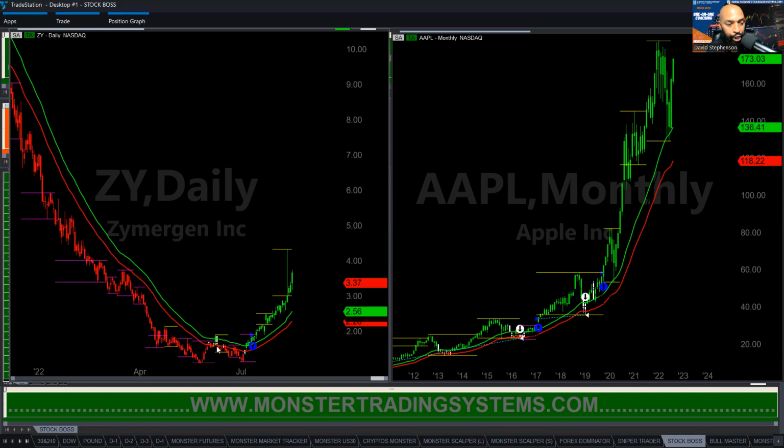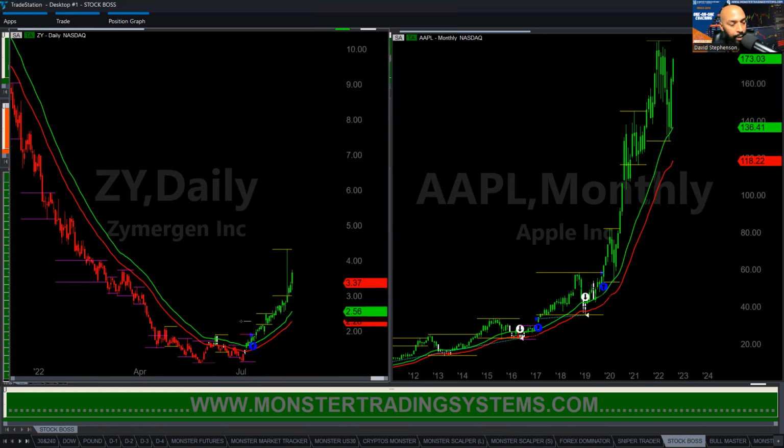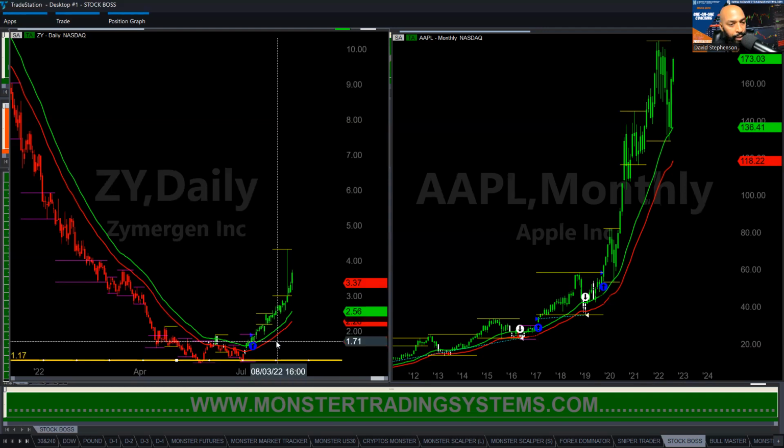I can get more shares. And guess what? My risk, look where we are here. Look at our support here compared to where is the support here? See where the sellers are right here.